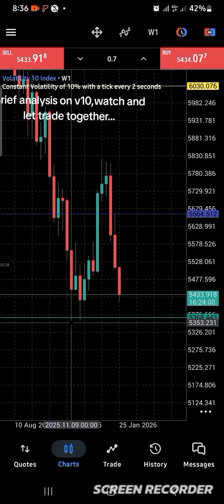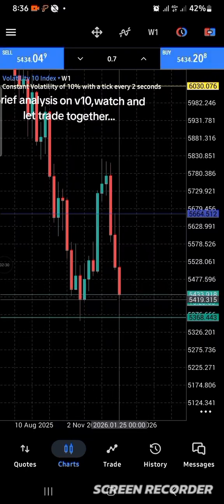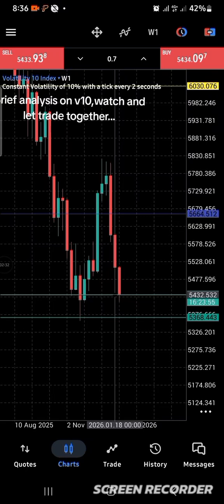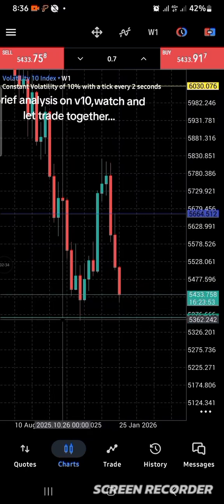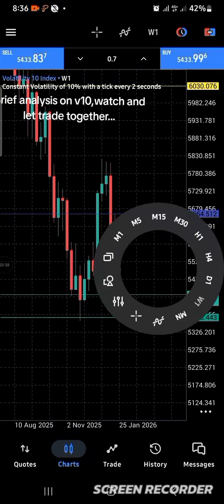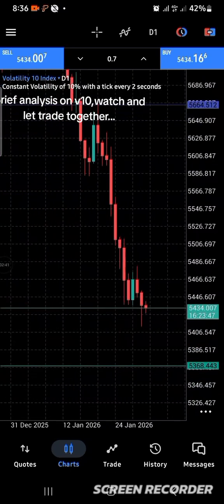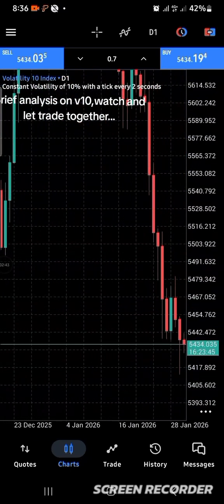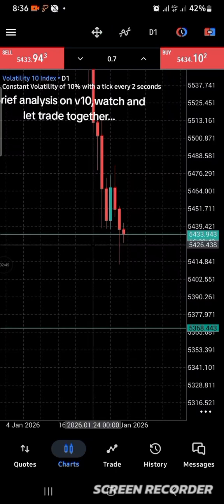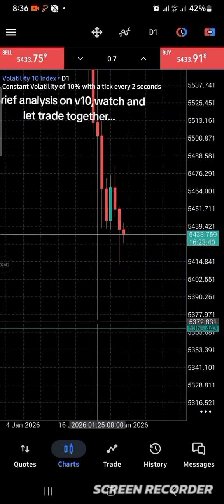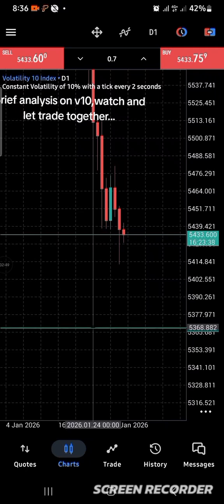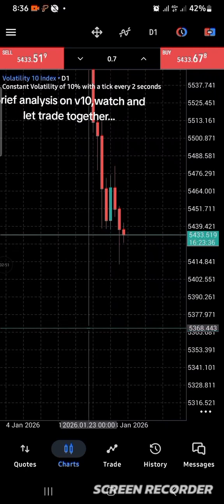So let's look into how we can join the flow with the market to break this low together. Right, so let's go to the daily time frame to see what we're going to have there. Remember, this is the low that we are actually looking for the market to clear off.